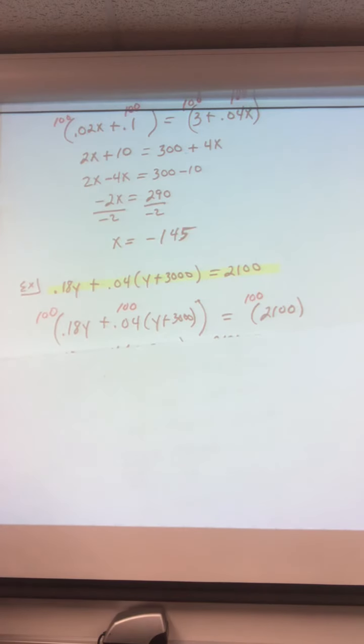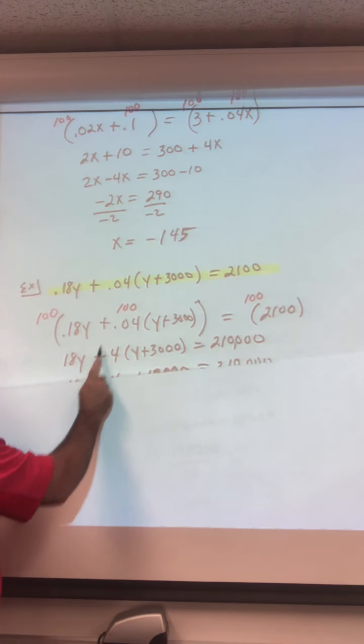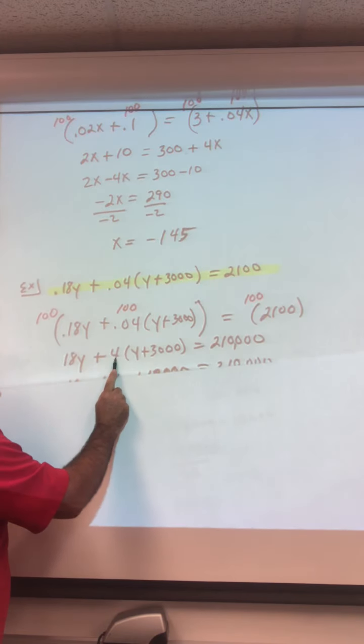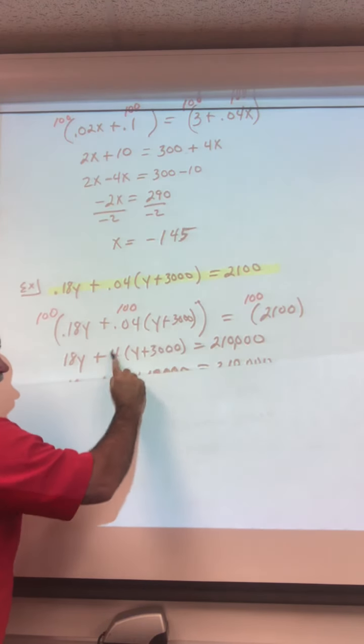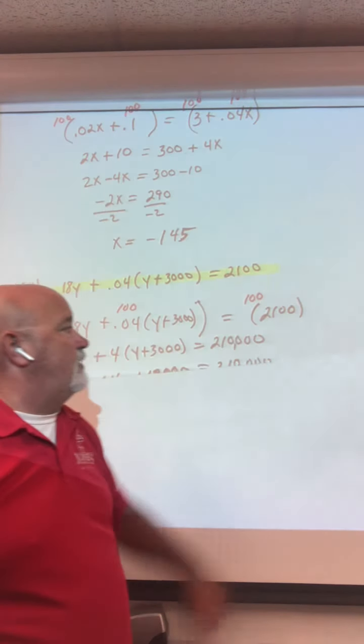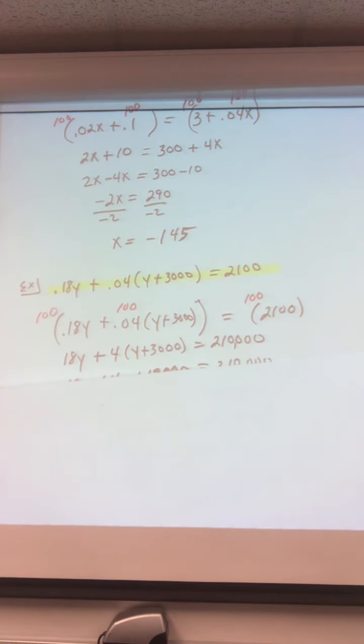I'm not going to try to do that at once. So here's what I get when I do this. 100 by the 0.18y is 18y. Plus 100 times the 0.04 just gives me 4. Leave that alone. I'll distribute it in the next step. Equals, and then 100 times 2100 becomes 210,000.